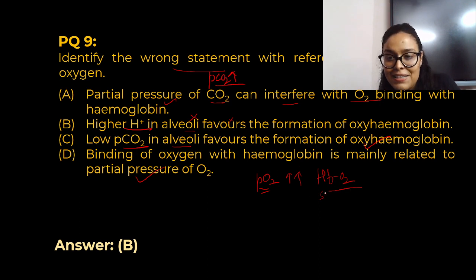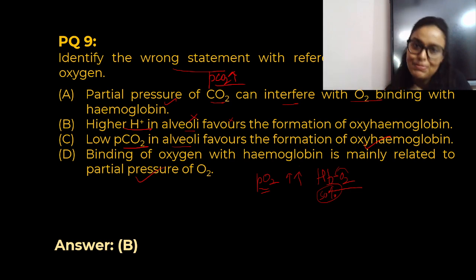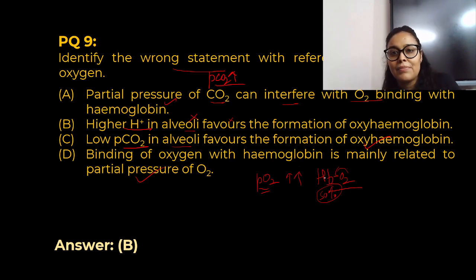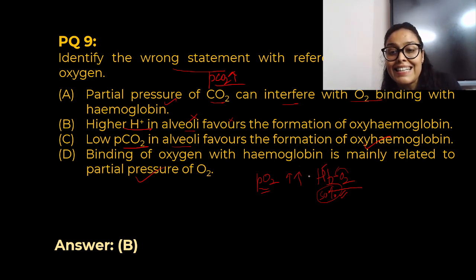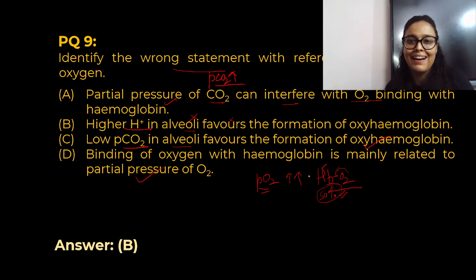So that means 50% of hemoglobin gets saturated with oxygen, gets bound with oxygen, even with less oxygen, right? So here 50% of hemoglobin is binding very quickly with oxygen. The association is happening very fast. So it shows its attraction towards oxygen is super high. So all these statements are true except B, right?